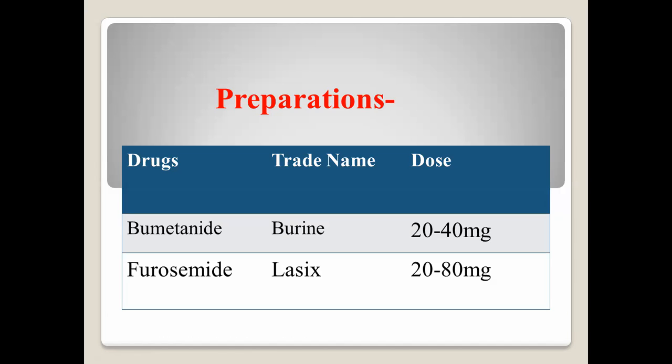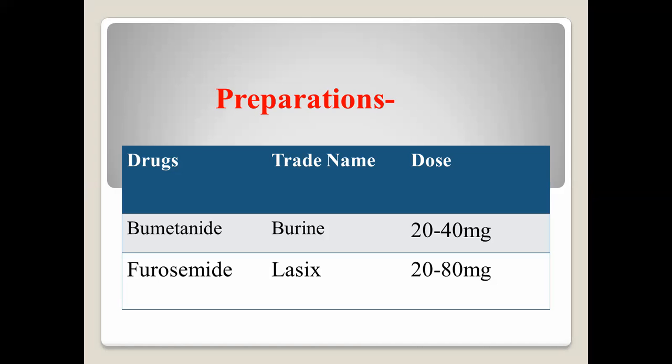Which drugs act as high ceiling diuretics? Furosemide, and another example is visible on your screen: Bumetanide.